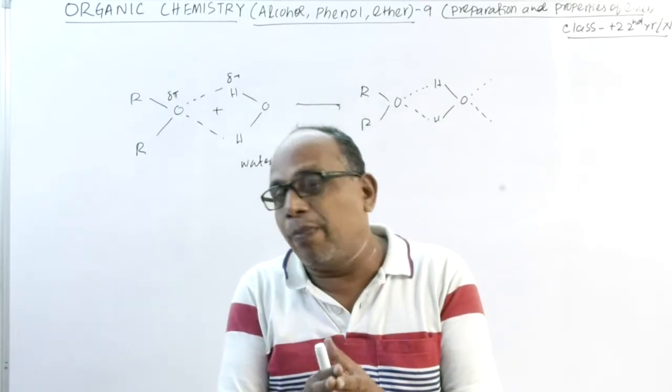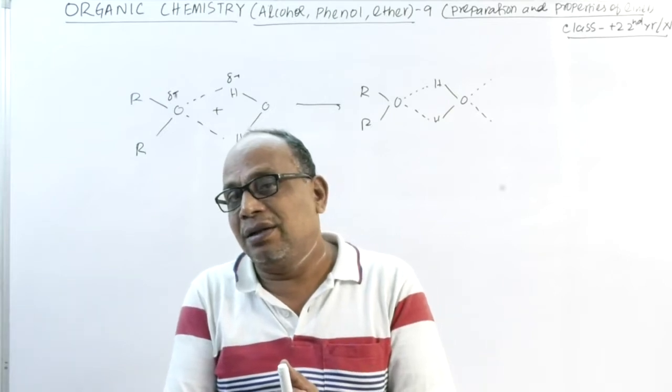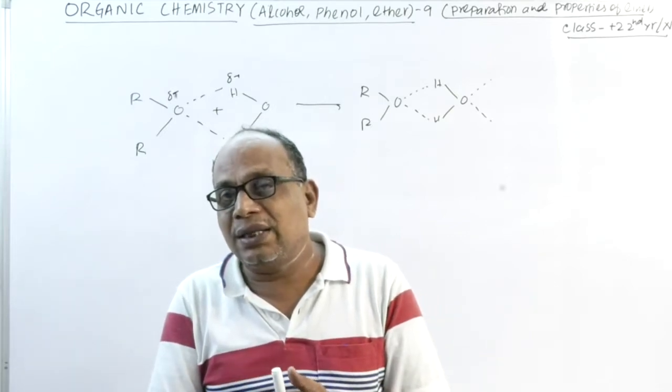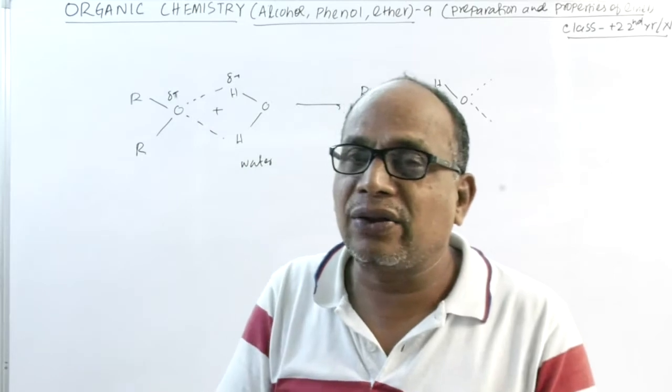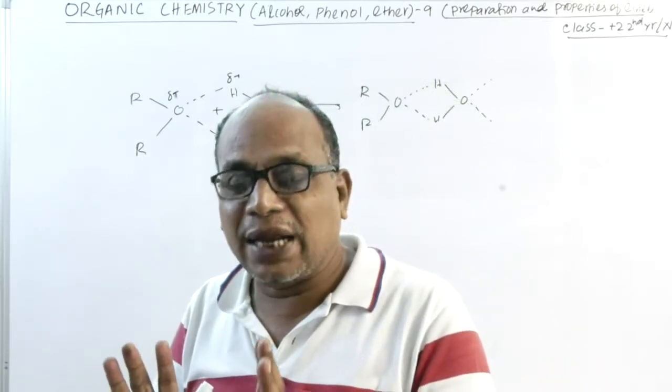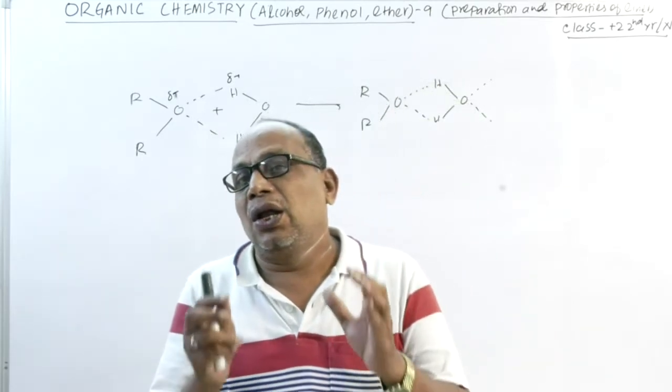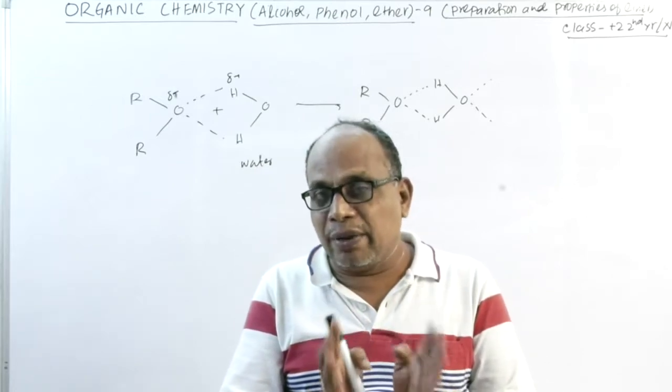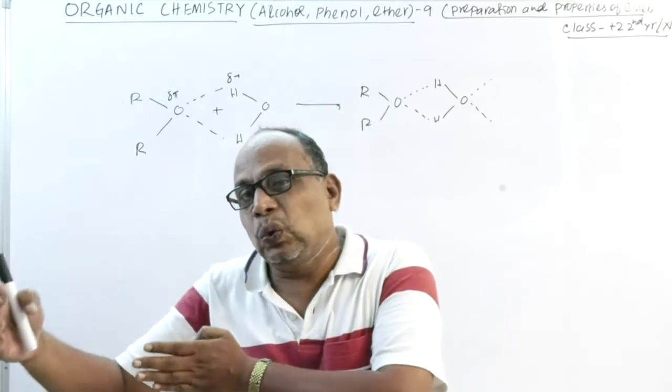But such a bond is not present in ether because oxygen is not bonded to hydrogen, it is bonded to an alkyl group. That's why ether possesses low melting point and boiling point compared to alcohol.